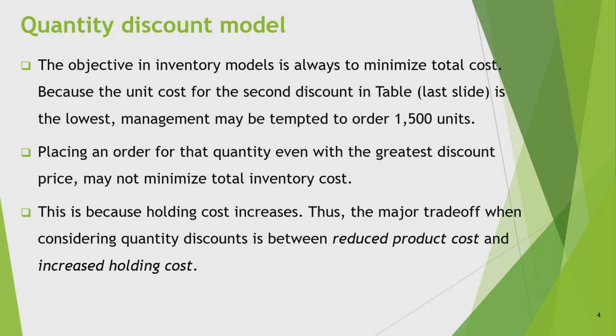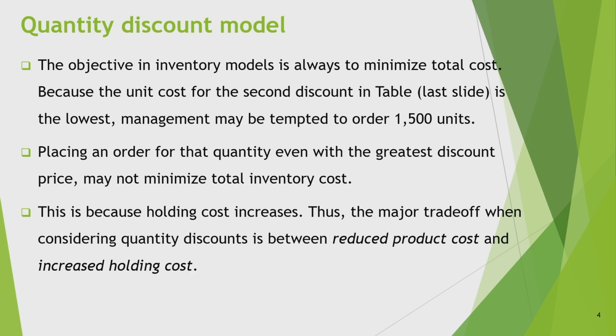But it may not be the case, because inventory cost will increase; holding cost will increase. So placing an order for that quantity, even with the greatest discount price, may not minimize total inventory cost. Thus, the major trade-off when considering quantity discounts is between reduced product cost and increased holding cost.